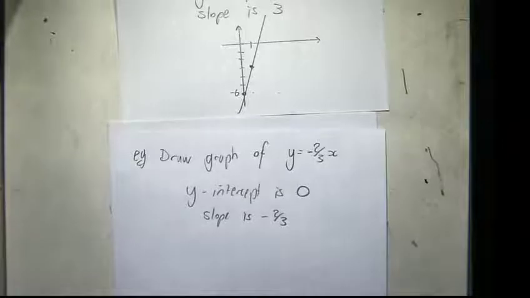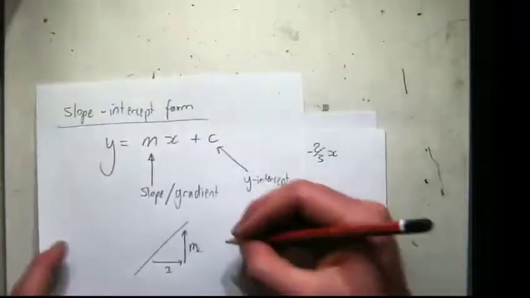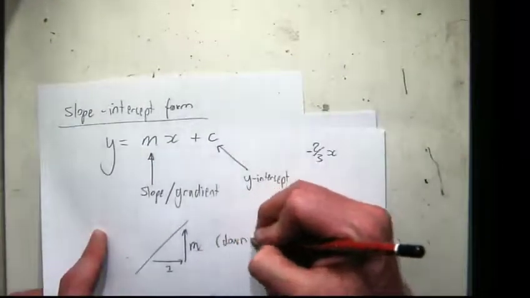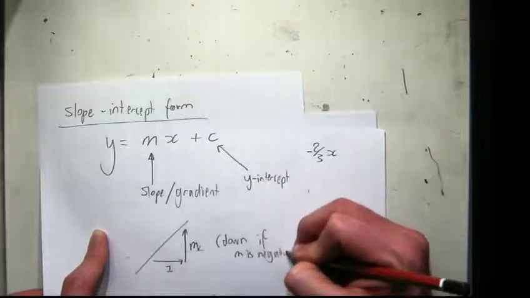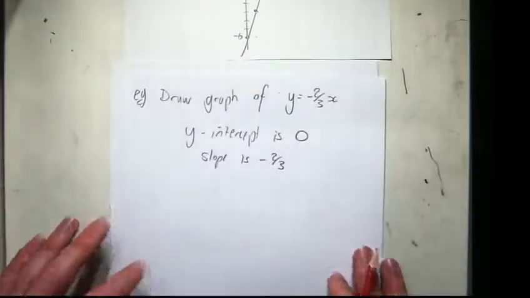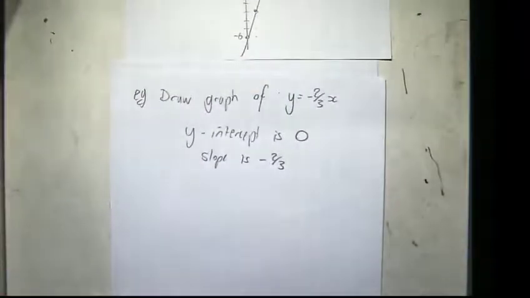So when I said that for every 1 across it goes up m, if m was negative, that means that for every 1 across it would go down m. So down if m is negative. And so that means for every 1 across it goes down 2/3.